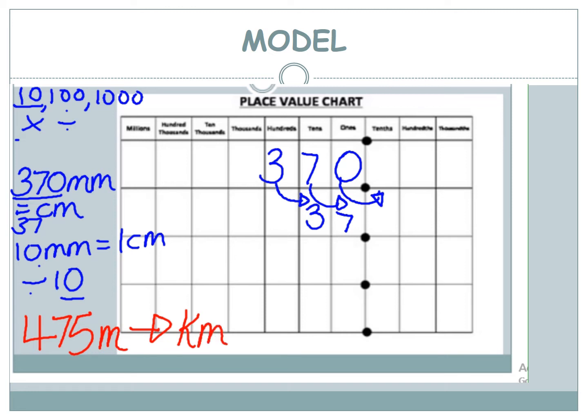So how many metres are in a kilometre? Well, that is 1,000 metres equals 1 kilometre. So to find out how many kilometres we are, we're going to have to divide.